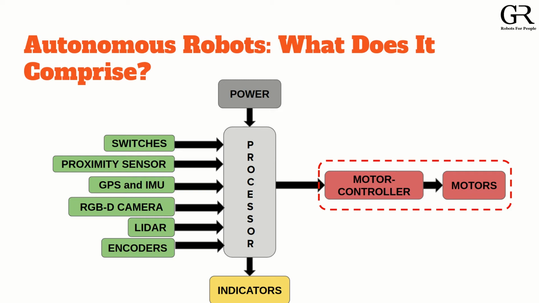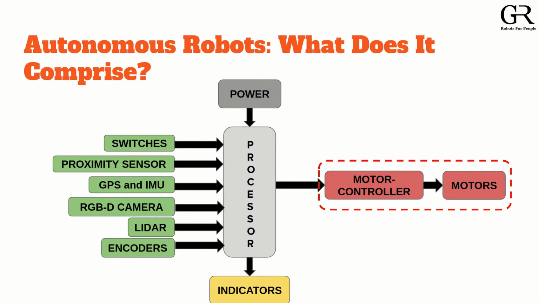And the last one is the encoder. You can keep track of how much distance your robot has traveled and predict exactly what the position of your robot is. That is mostly useful when you're using encoders in your systems.